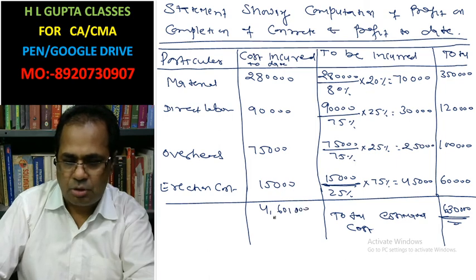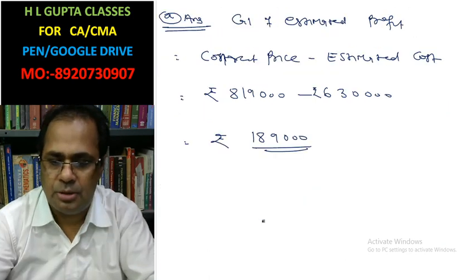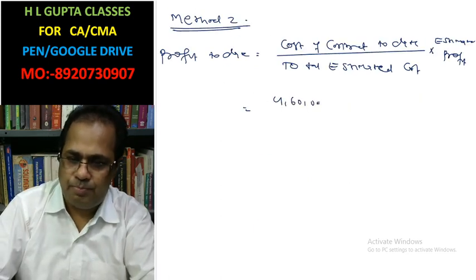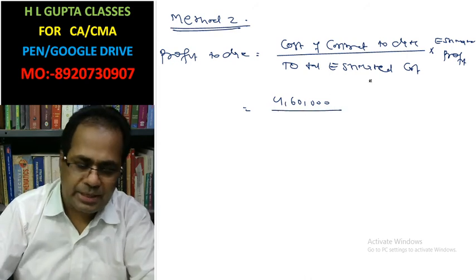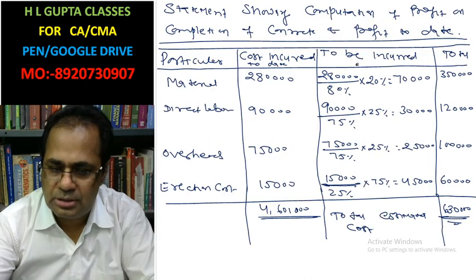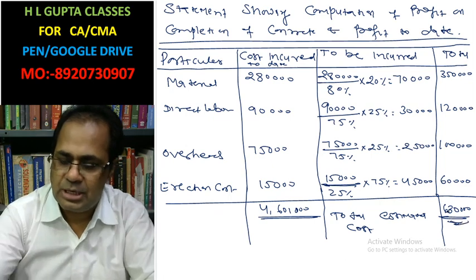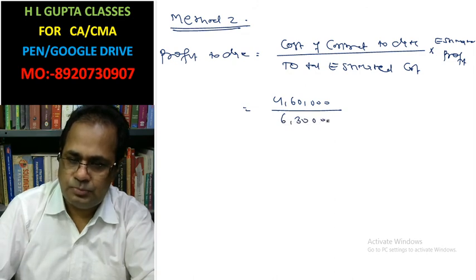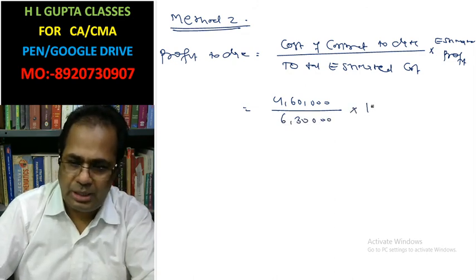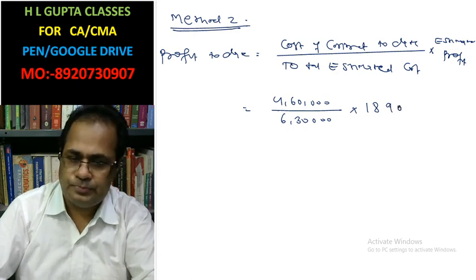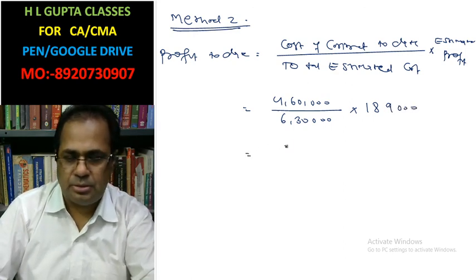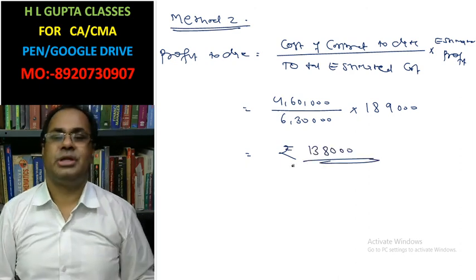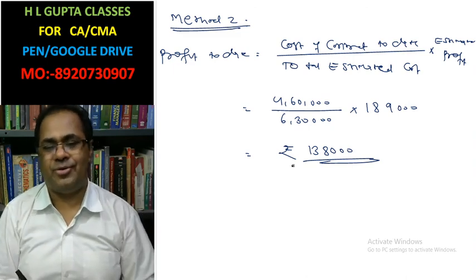The total estimated cost is calculated as 6,30,000 and the estimated profit is 1,89,000. This gives rupees 1,38,000. The question is completed.